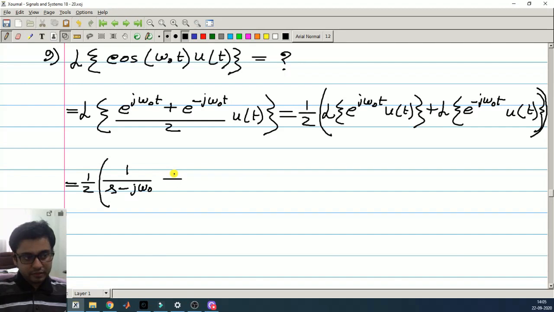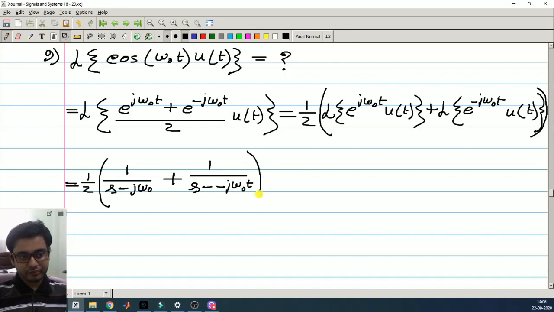Similarly, the second Laplace transform will be like this. Laplace transform of u(t) is 1 over s. When you multiply u(t) with e to the power minus j omega naught t, you have to replace s with s minus the exponent, minus j omega naught. So that will be same as half.